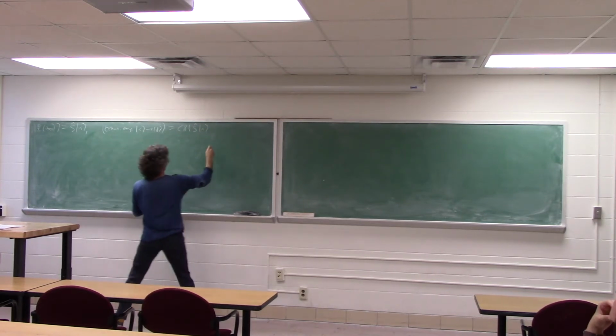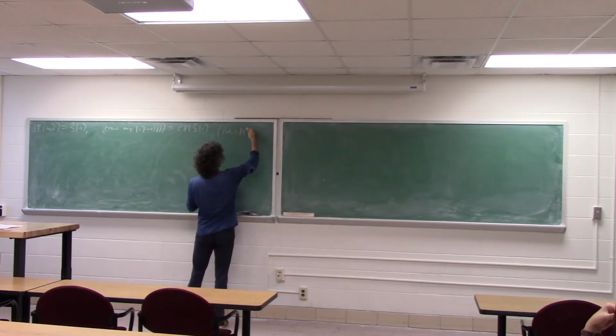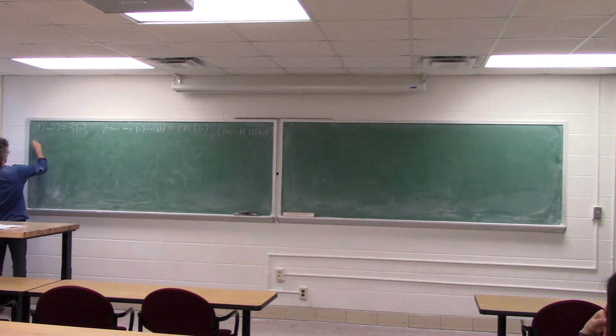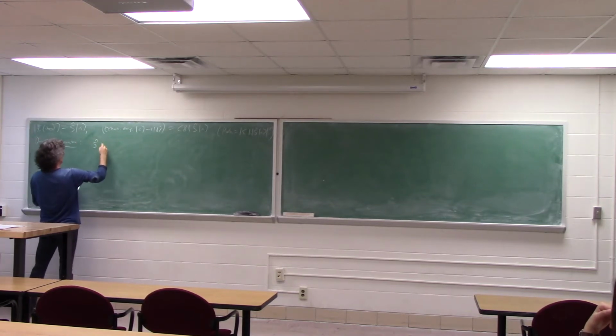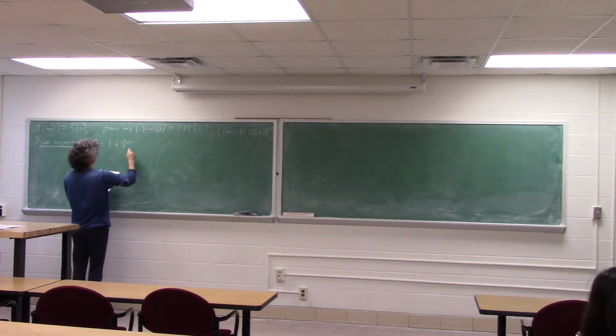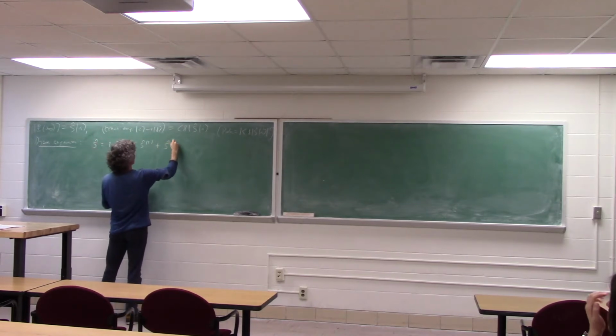The probability is of course modulus squared, and we've seen that when we have the Dyson expansion, this operator is expanded as a series: 0th order plus 1st order plus 2nd order plus 3rd order.